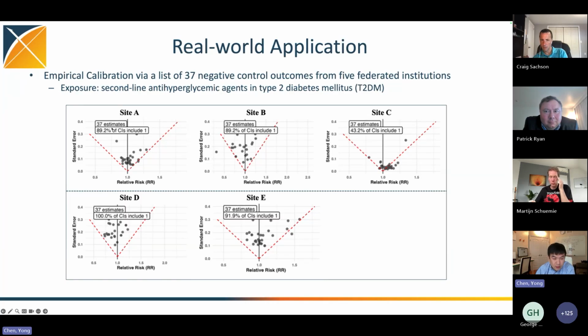If you look within each site, the coverage of the confidence interval excluding 1 is not close to 95%. It is 90% for site A, 90% for site B, only 40% for site C, and 100% for site D.